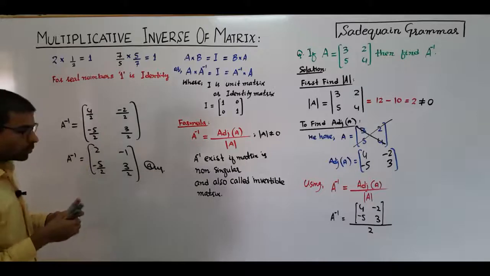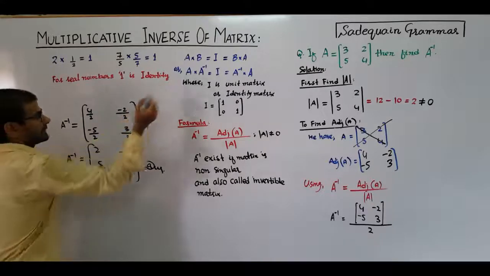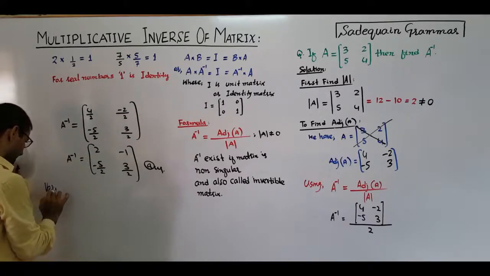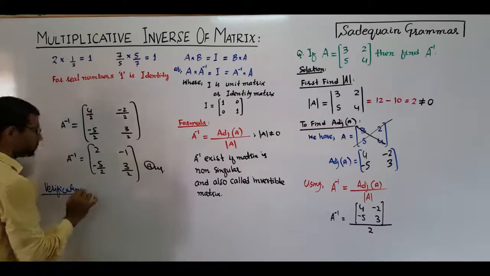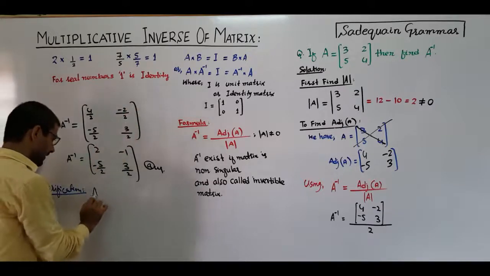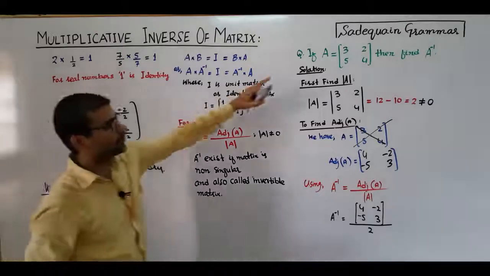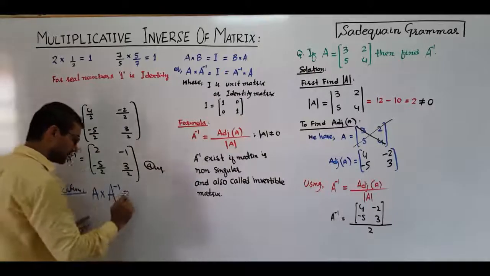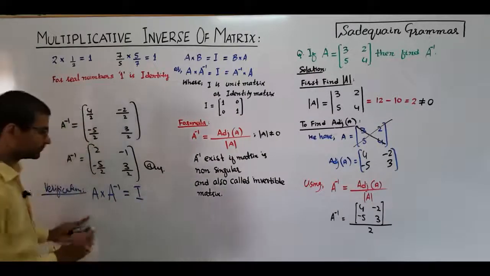Students, you can also verify your answer by this statement. For verification, you can check A multiplied by A inverse. A is the given matrix, A inverse is your answer, equal to the identity matrix.